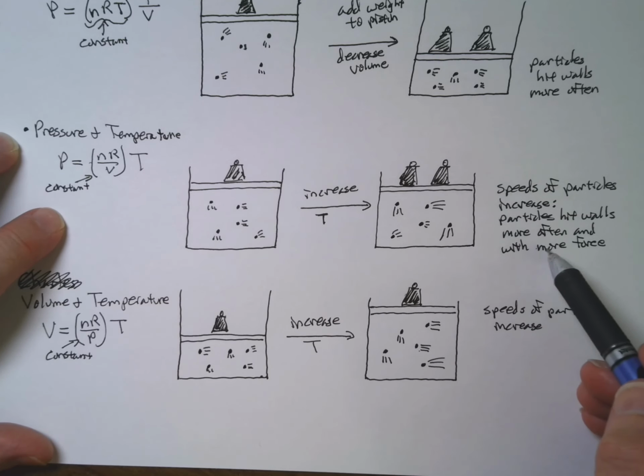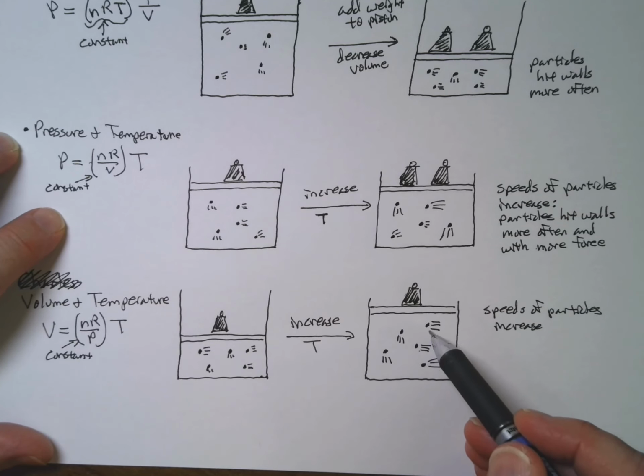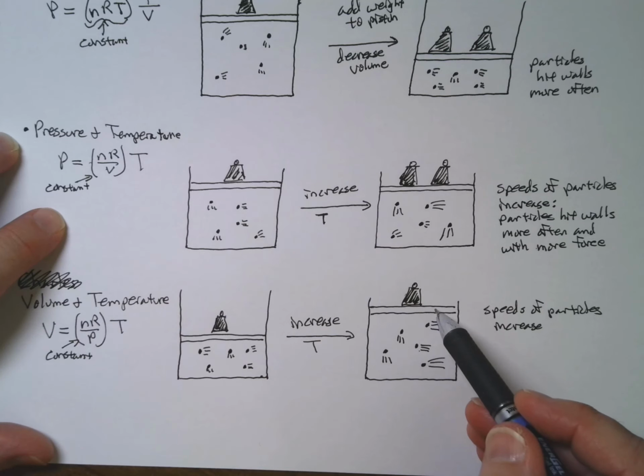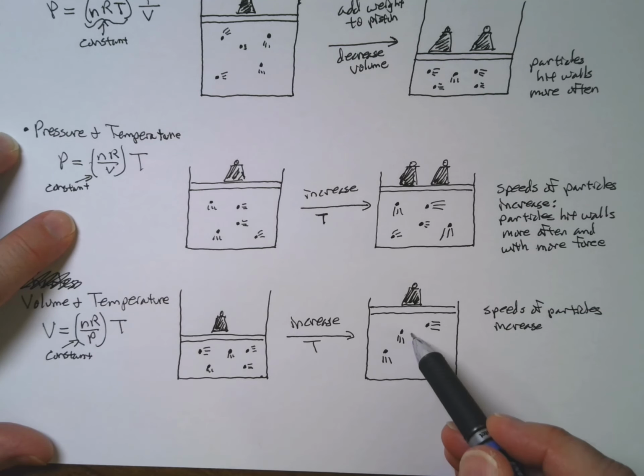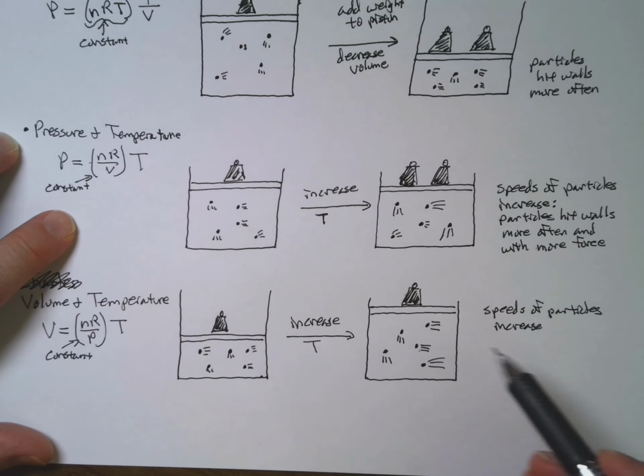the walls more often with more force, and that will push up our piston here until it gets to a point where our pressure hasn't changed. I mean, it'll happen gradually as we increase the temperature.